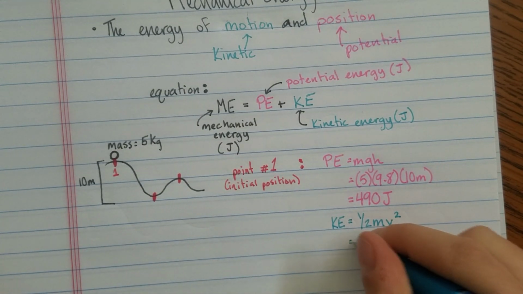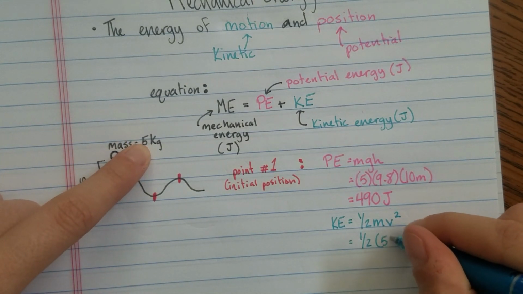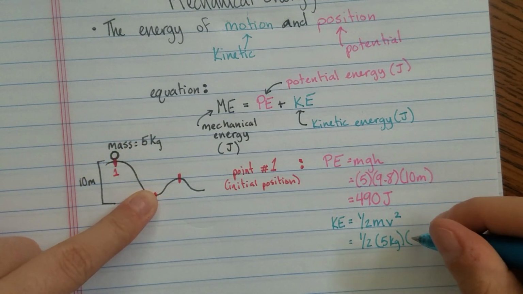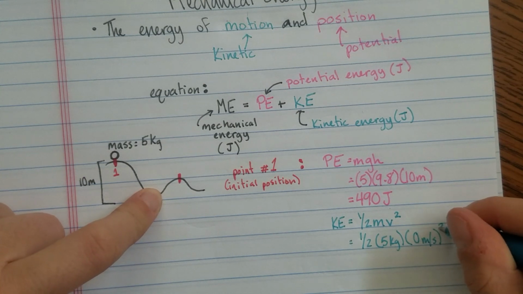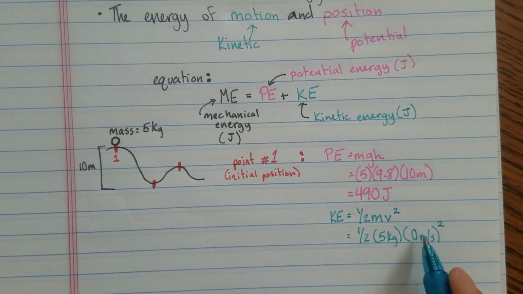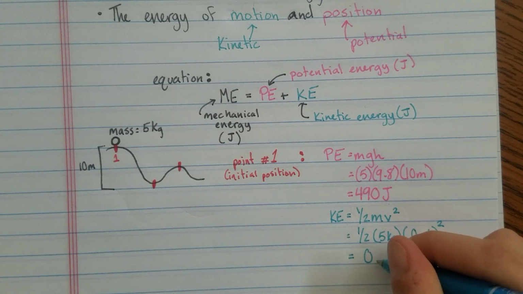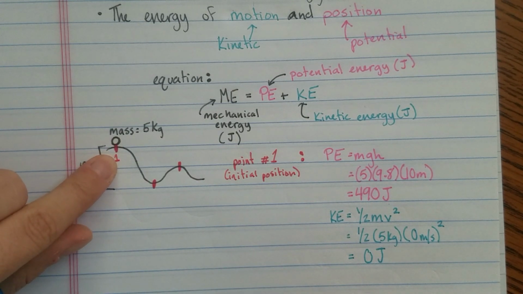So I've got 1/2 mass, which is 5 kilograms. And then we start from rest. From rest means we're not yet moving, so that's 0 meters per second. That would be squared in our equation, but it doesn't really matter here because 0 times anything is going to give us 0 joules of energy.